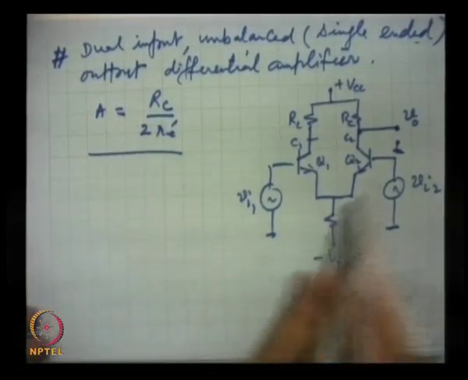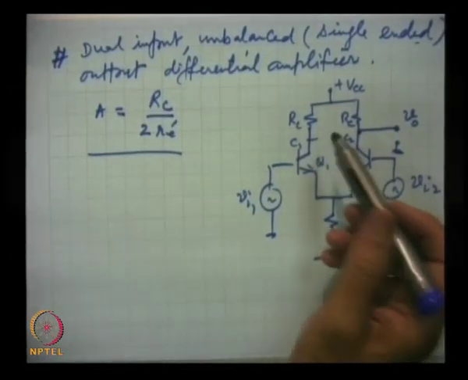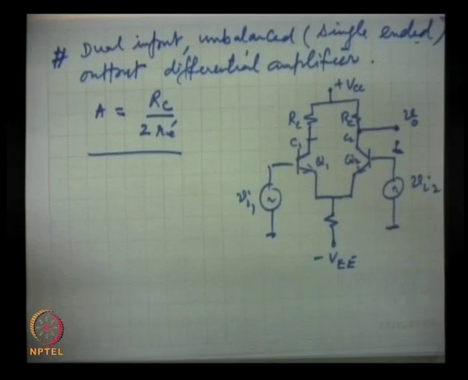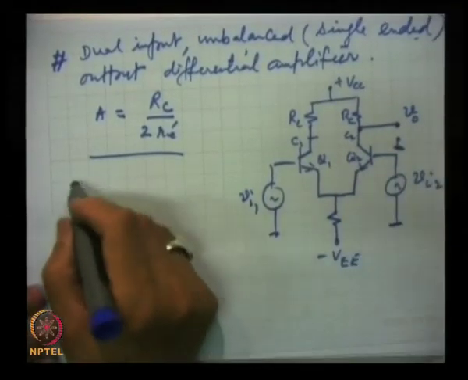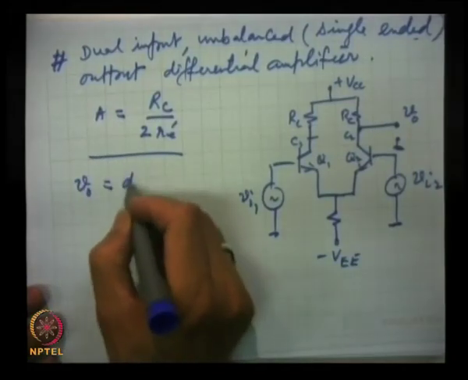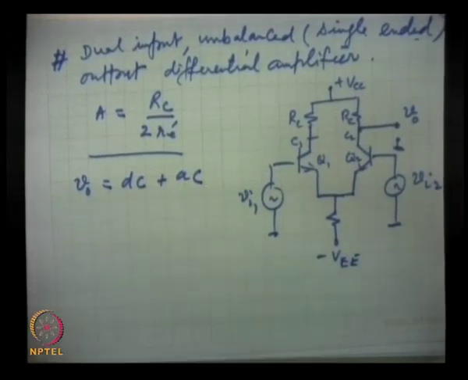Another important point is that because of the symmetry of the differential amplifier, the DC parts were absent, because they were equal and they were cancelled in the output when we take output from two collectors. That means, in the case of balanced output, the DC part was absent. Now this DC part will also be there. So, output will contain DC plus AC signal, DC voltage will also be there.